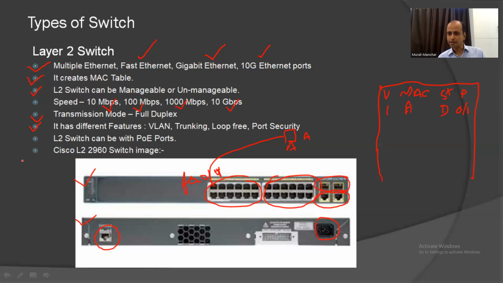That's why I have written 1 in the MAC table. All ports of a switch are members of VLAN 1. Further, if we create some LAN segments in the switch, we will get different VLANs. To create a VLAN, we have to do some configuration. For this configuration, we have to connect a machine to this switch, and for this connectivity, the console port is used. Fine. I'm just relating the previous topic and the current one.